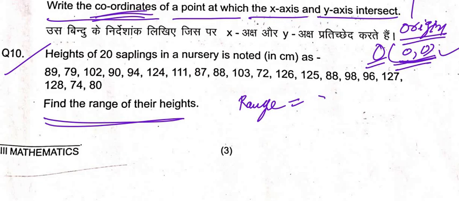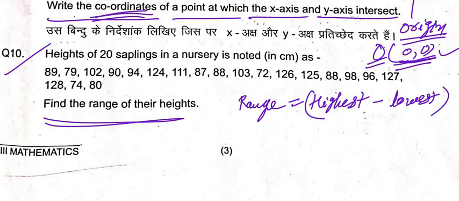So what will you write? Range is equal to highest minus lowest, and you will get the solution.